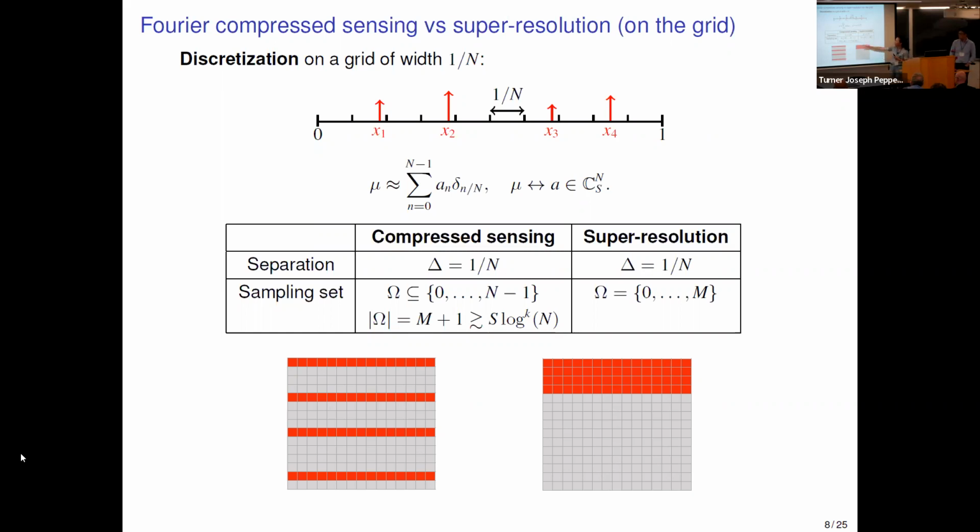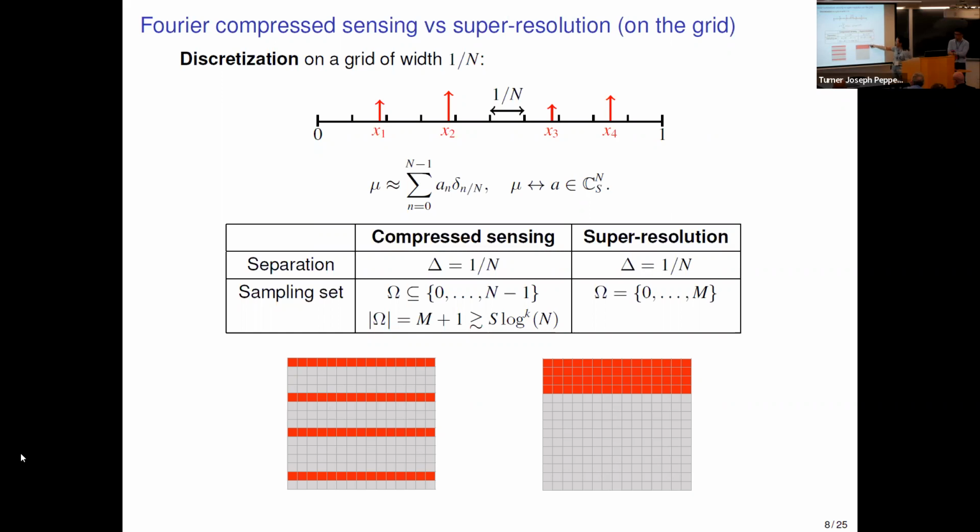In compressive sensing, if we take random rows of a DFT matrix, we can recover the object accurately. However, the super resolution setting says that we can only receive the frequency up to capital M.